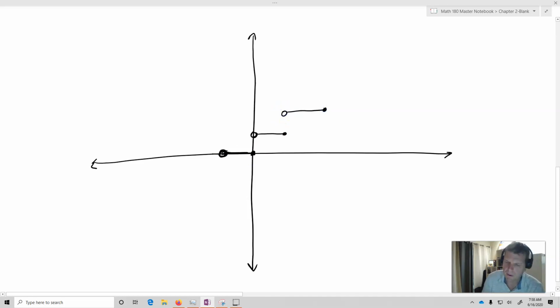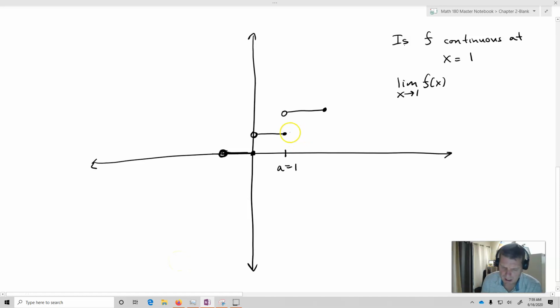Let's say, for example, this is a equals 1, and we want to know: is f continuous at x equals 1? If I look here, the limit as x approaches 1 of f of x: here's a equals 1.